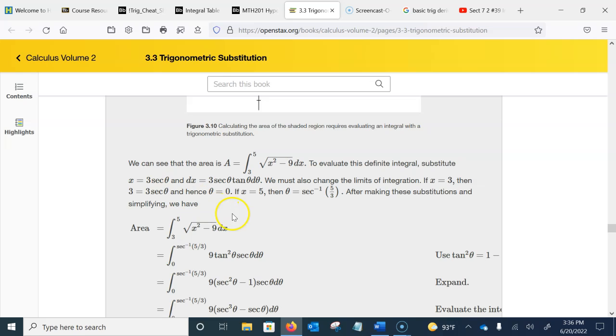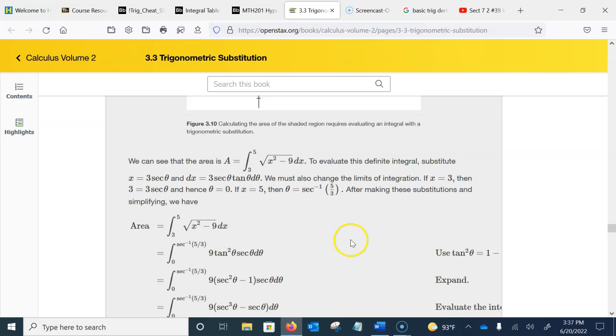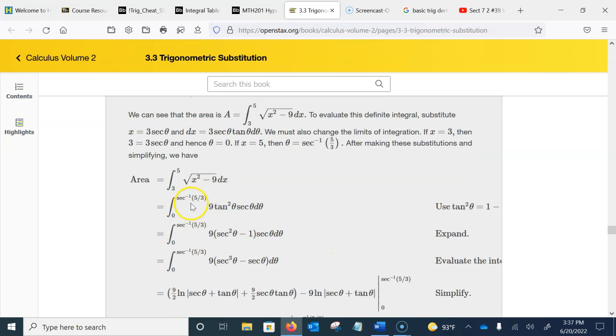So I need to take the inverse secant of 5/3 for the upper part here, and the inverse secant of 1 for the lower part. Notice it's inverse secant of x over 3. So here's 5 over 3, there's inverse secant of 5/3, and inverse secant of 3 over 3 would be inverse secant of 1, which is going to be 0. So you have to change the limits of integration.